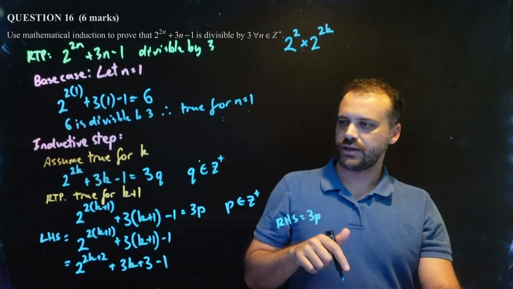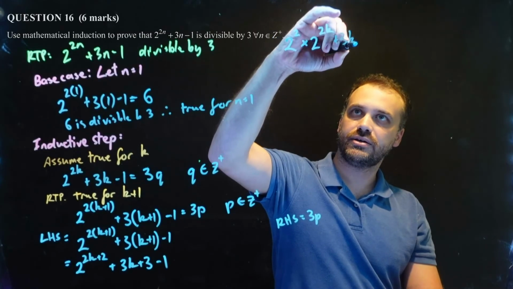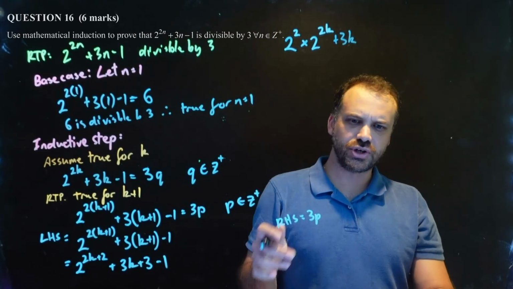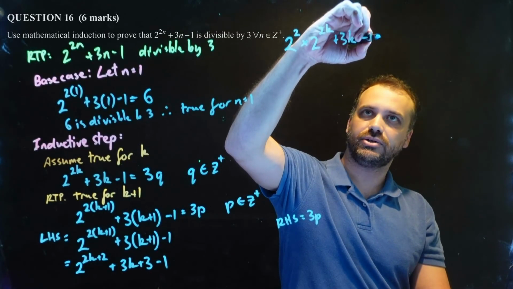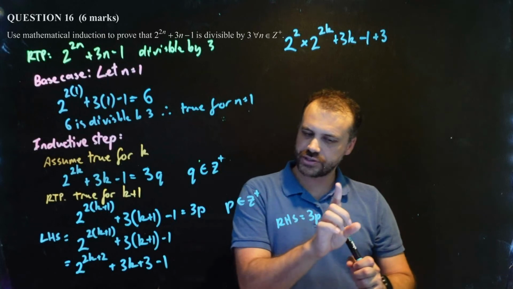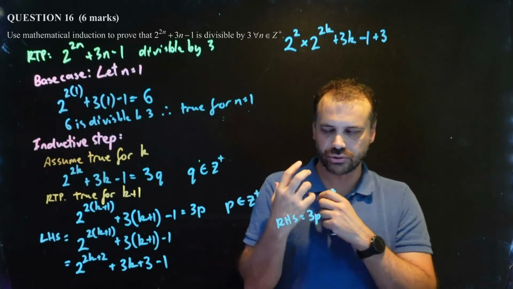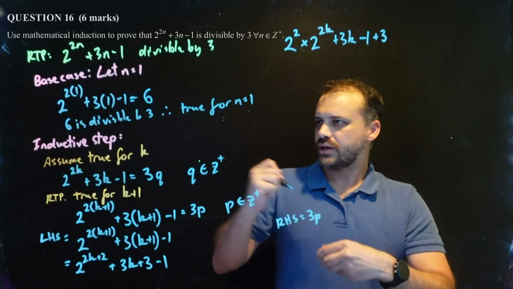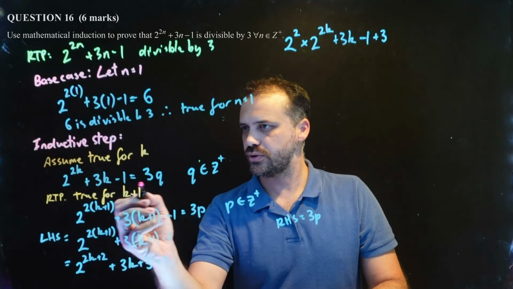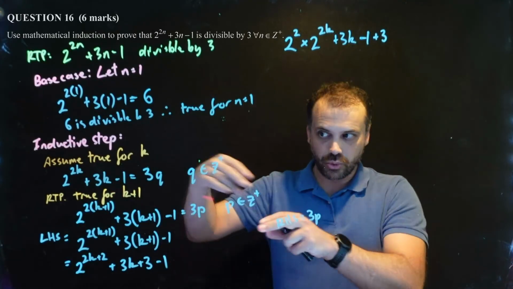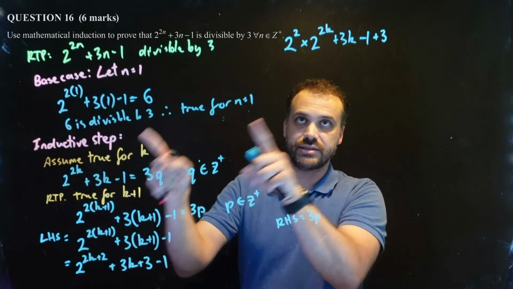Okay, and then I have this plus 3k, which I see here, plus 3k. I'm going to keep this minus 1 on this side, and then a little plus 3 here. It feels a little odd, but what am I noticing? All of this is assumed true for k, and all the time we're looking for an opportunity to put this into this.